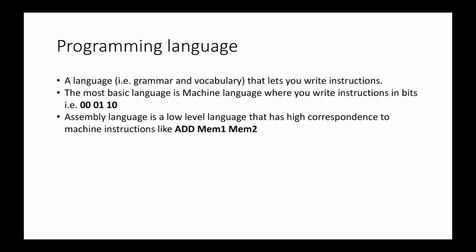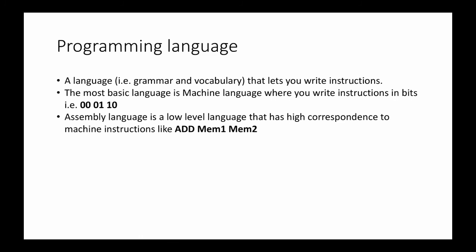It is mostly closer to machine instructions, like add mem1, mem2. What it says, when it gets divided into bit instructions, is: load the data from memory 1, load the data from memory 2, add memory 1 data with memory 2 data to give a resultant output, and store it in the memory 3 location.